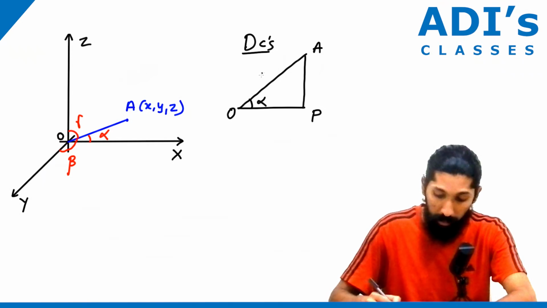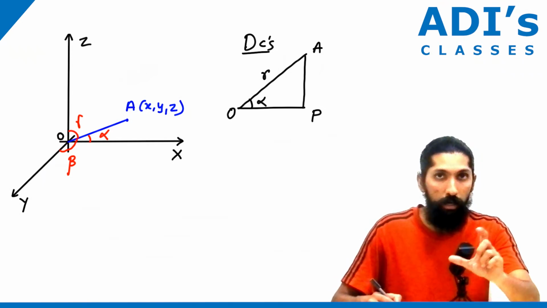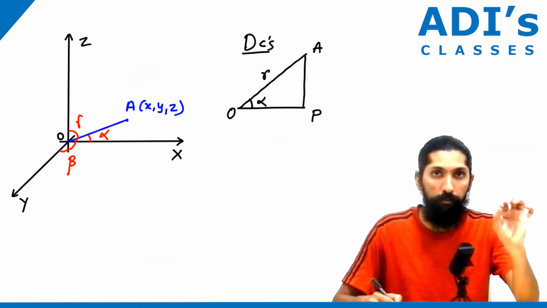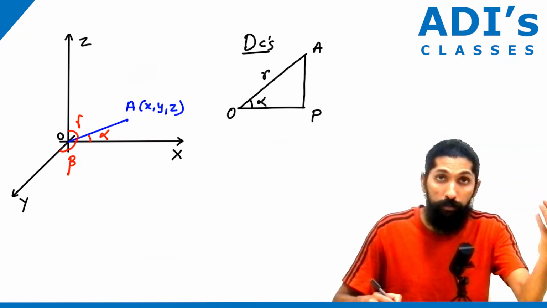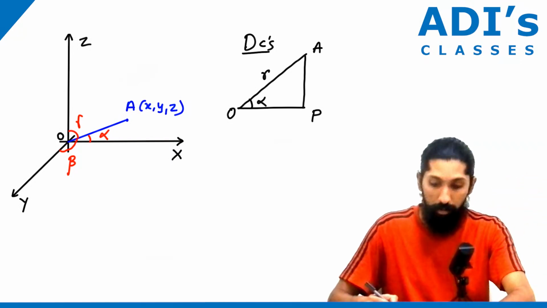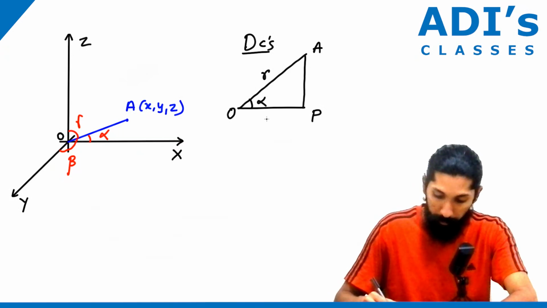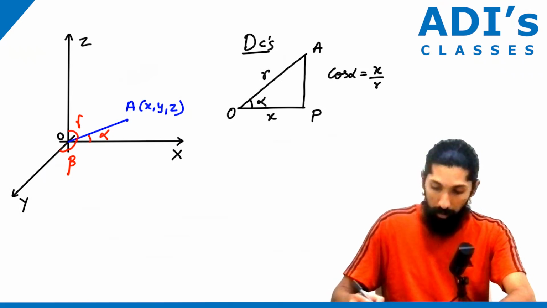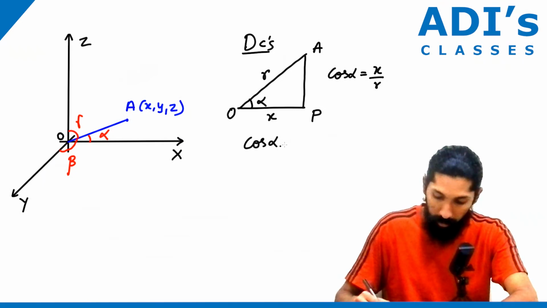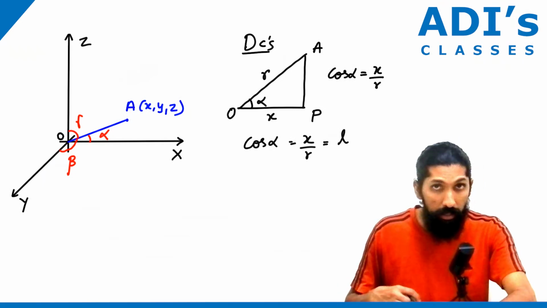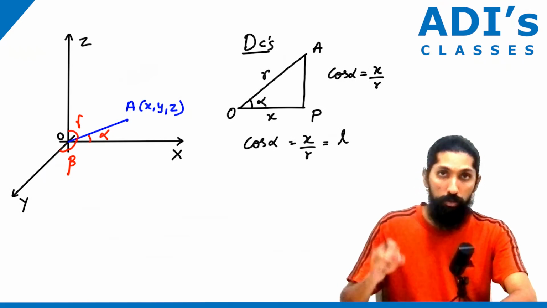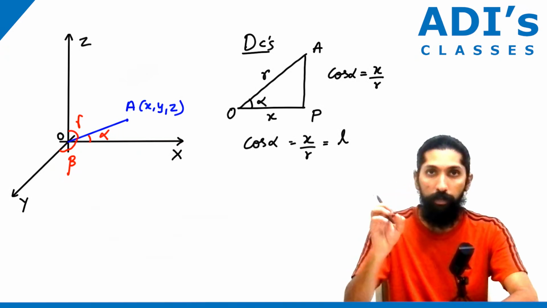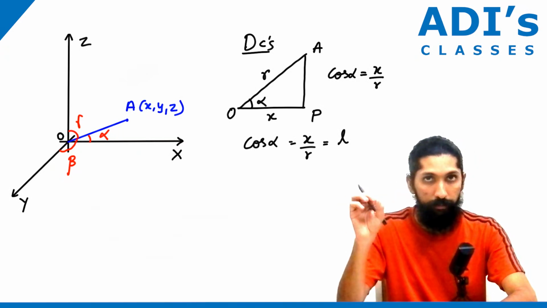Now, OA is nothing but R, the distance, the R vector, or the modulus of the vector, you can call it however you want. OA is R, OP is going to be X. What is cos alpha here? Cos alpha becomes X divided by R. Now this X divided by R, that cos alpha, we will represent as some variable L. So L is called a direction cosine. Specifically for the x-axis, L is the direction cosine.